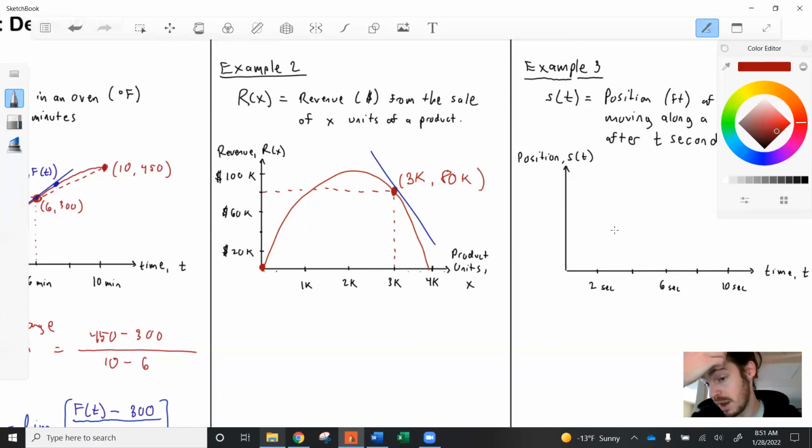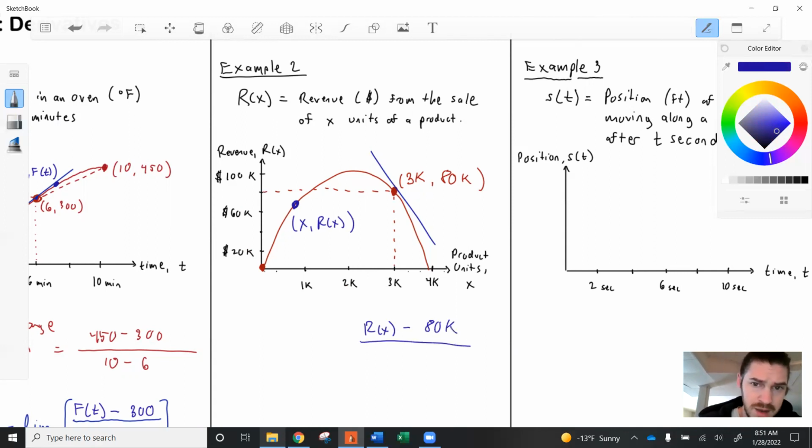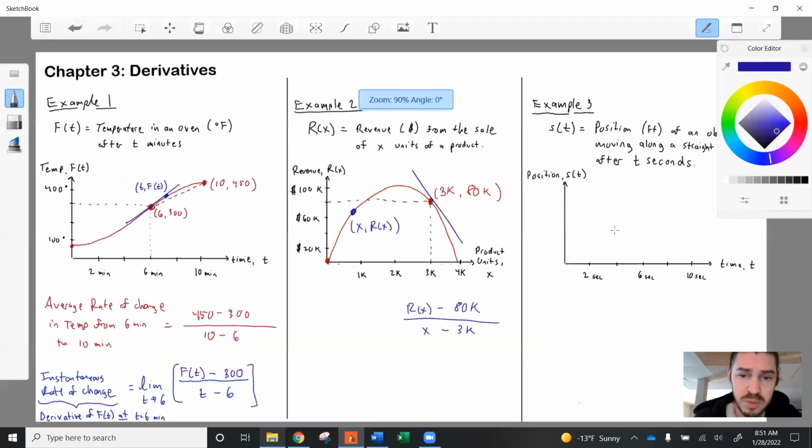I'm using K as an abbreviation for 1,000. So you could do an average rate of change the same way, with another point somewhere, and let's say this is x, R of x. Set up your average rate of change: R of x minus 80,000, divided by x minus 3,000, right? That would be an average rate of change.